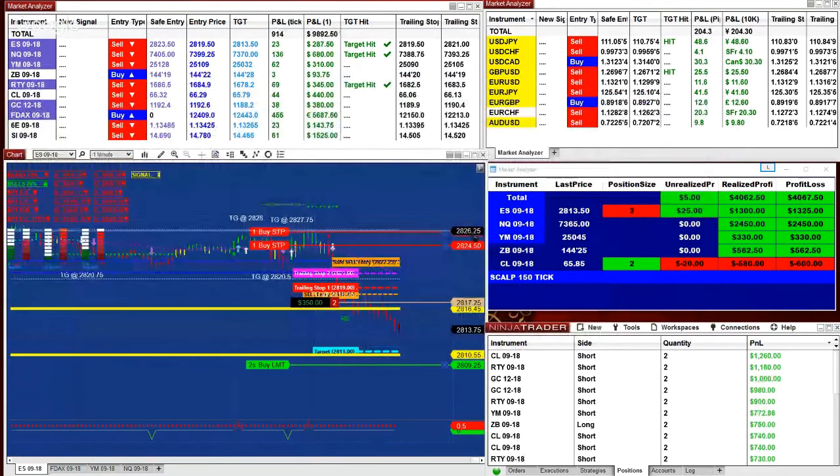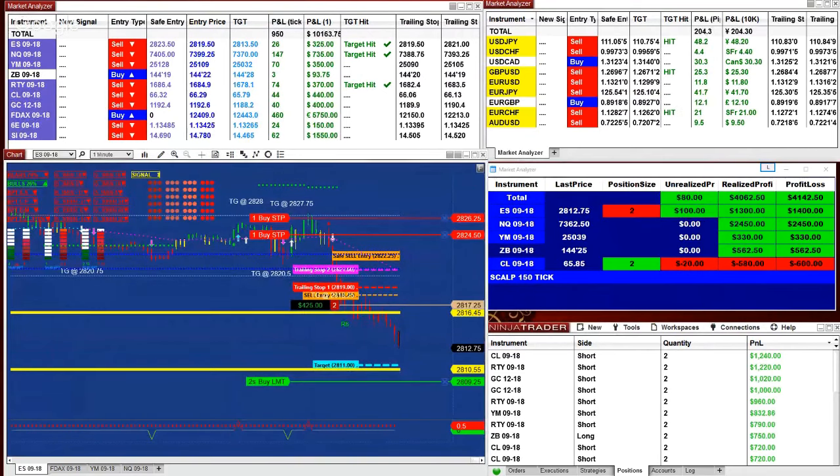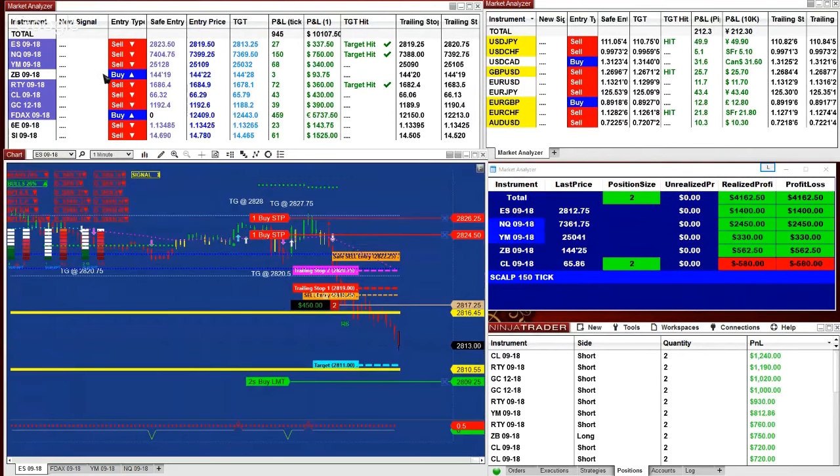Let's see what's happening today before we start. If you are new, we are sharing our signals, and it is at your own risk. We are not responsible for your trade, but what we are doing is sharing our screen and our signals with you. What you're looking at here is a market analyzer.